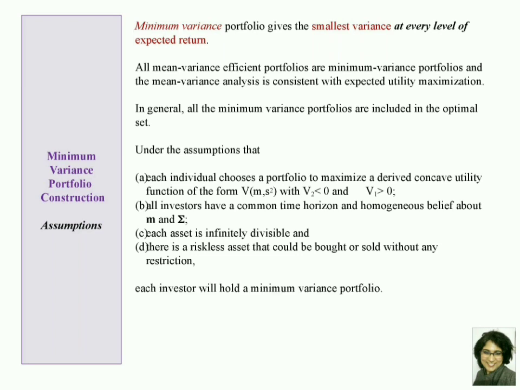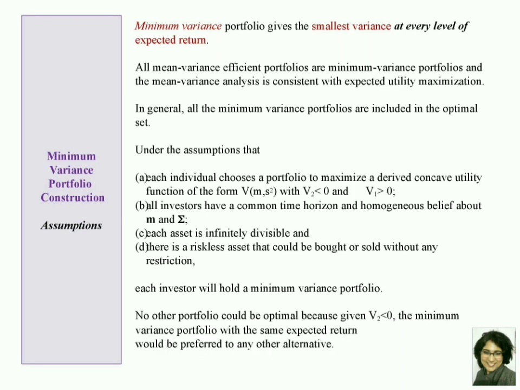So under all these assumptions, each investor will hold a minimum variance portfolio. No other portfolio could be optimum because, given that V2 is less than 0, the minimum variance portfolio with the same expected return would be preferred to any other alternative.